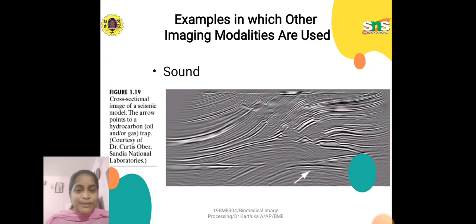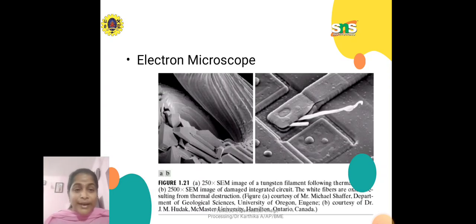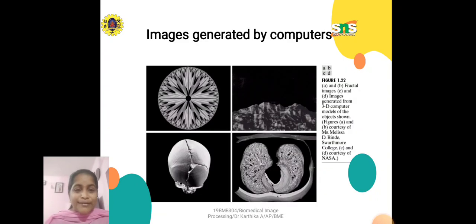We can use image processing for sound waves. So here we use ultrasound, examples of ultrasound imaging. Actually, this is a baby image, a baby in the womb. And we have the electron microscope, and images generated by computers.